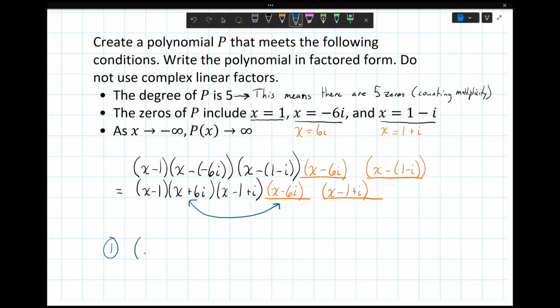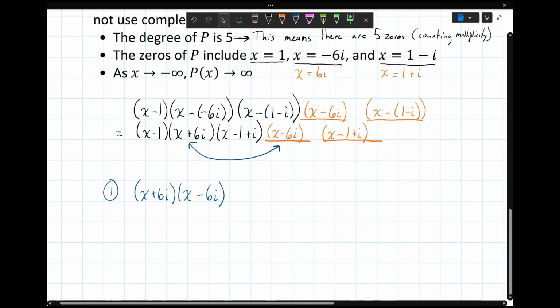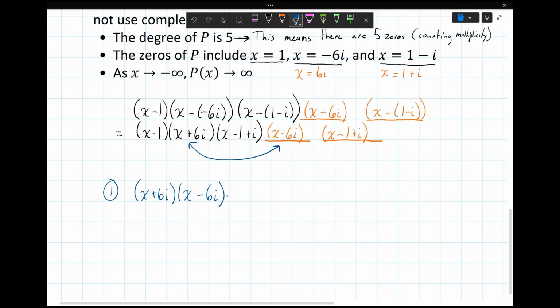So let's start out by combining x plus 6i times x minus 6i. Now there's a couple ways we can do this. We can go ahead and just multiply it out. I like to notice, though, that we have a plus 6i and a minus 6i. You may remember that that means this equals x squared minus 6i all squared, or in other words, x squared minus 36i squared.